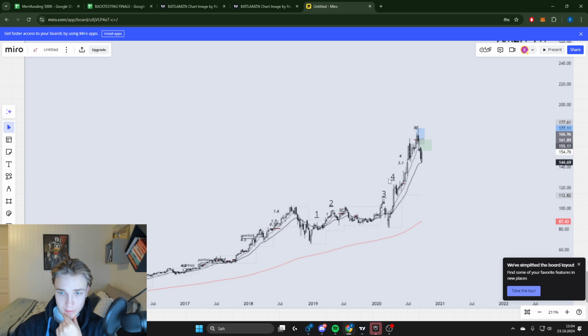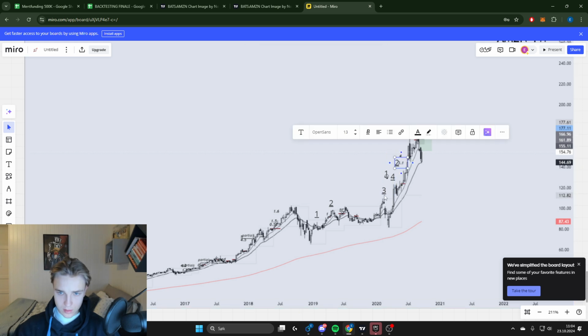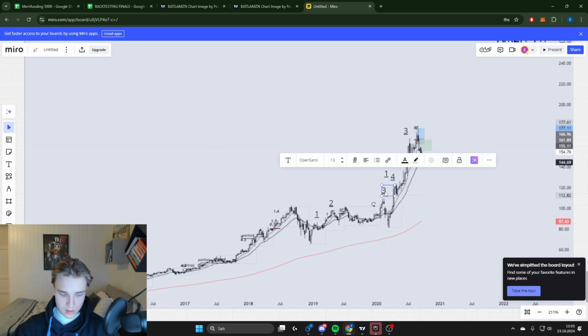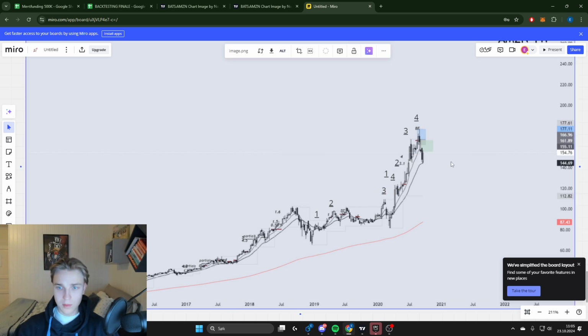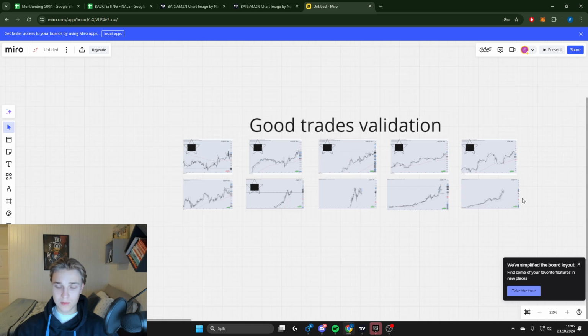So you could say this was overextended after this move, but you could also view this right here as a 1, this right here as a 2, and then this right here as a 3, and then at last this as 4. There are 2 ways to look at it. Both are valid, and this comes entirely dependent on you.